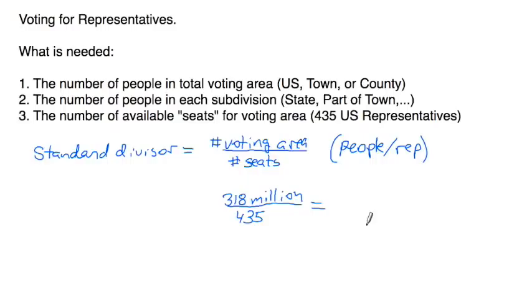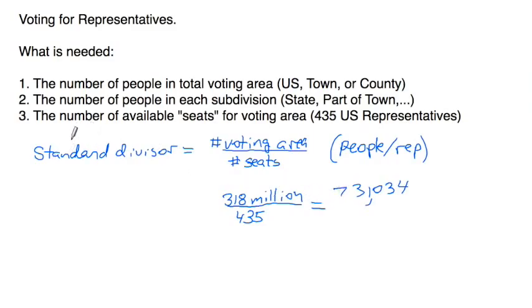So if you take 318 million, that's 6 zeros after that, 318, divide by 435, and you get, let's see here, 731,034. So each one of the representatives on Capitol Hill represents over 500,000 people. Not very representative. Of course, by the U.S. Constitution, it's supposed to be 30,000 is the answer over here, but it isn't anymore.